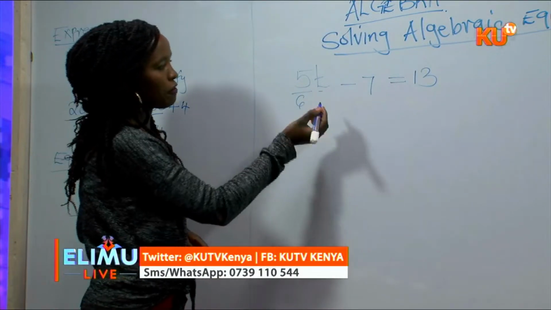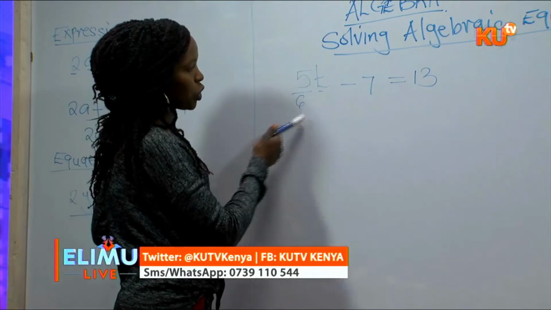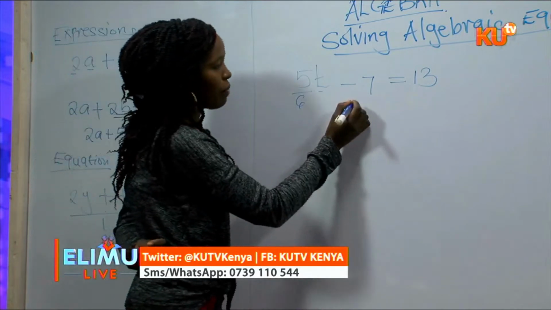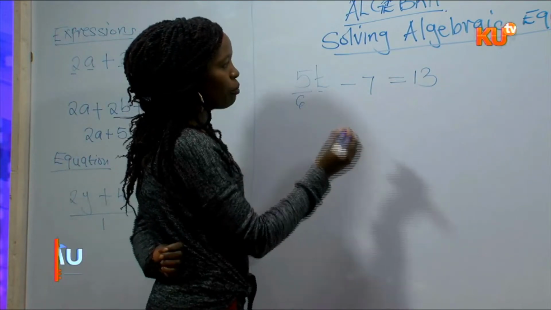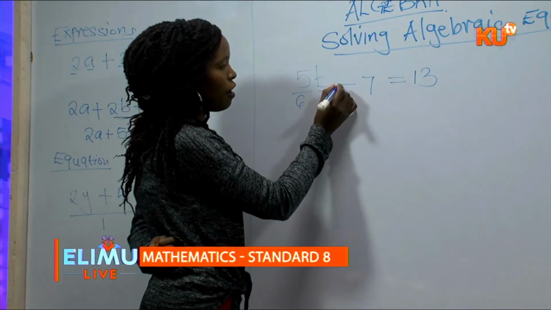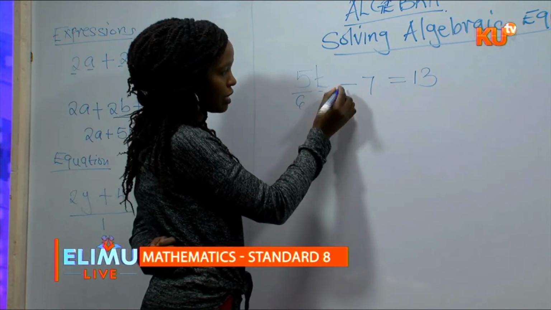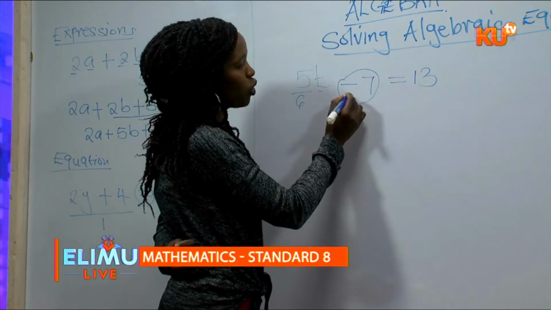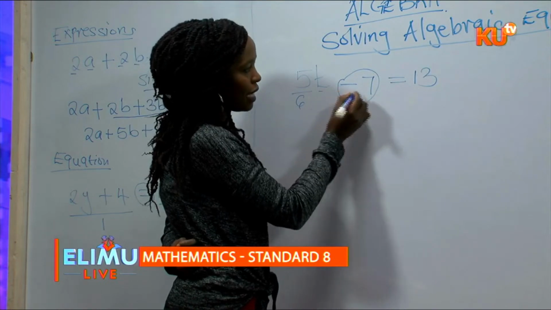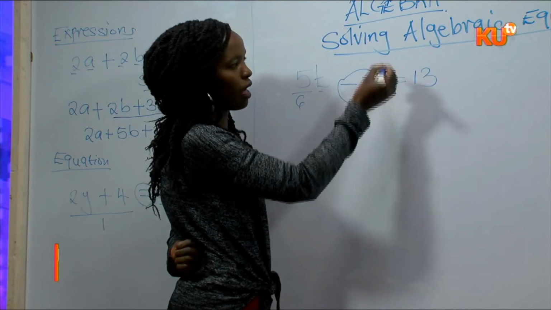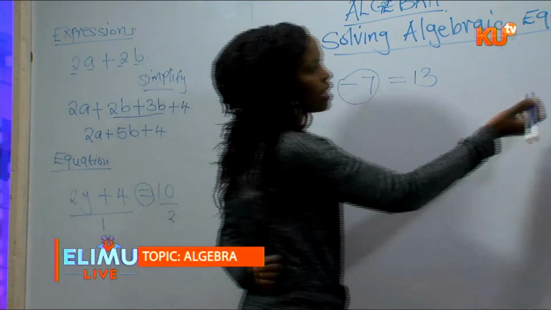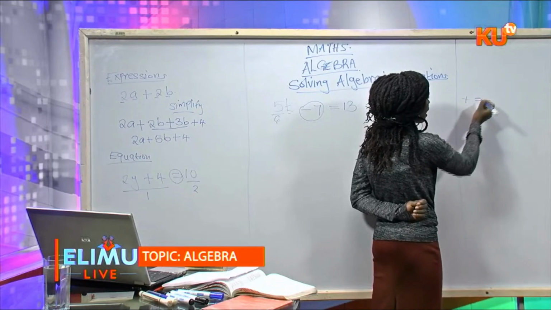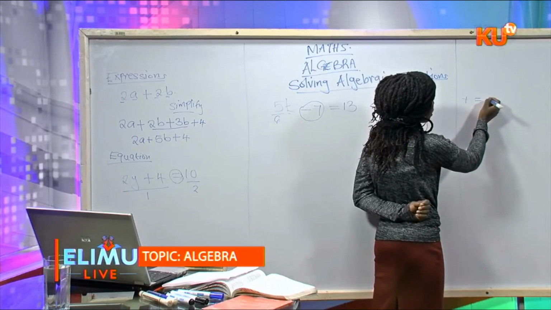To find that, first of all, this is a fraction, and this is a whole number. So we take this whole number to the other side. In algebra, the number carries the sign in front of it, so it goes with the sign. And when a sign crosses the equal sign, it changes to the opposite. If I had addition, when it goes to the other side it is going to be minus.